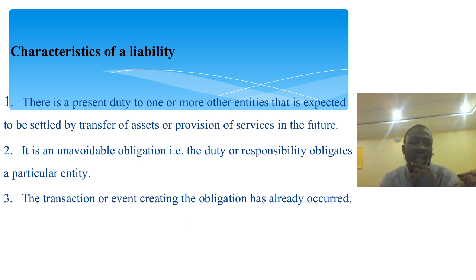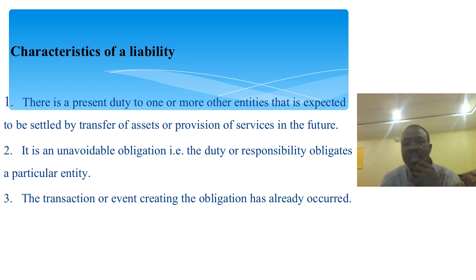If we look at the characteristics or features of a liability, one is that a liability represents a duty of one entity to settle by transfer of assets or provision of services in future. So what you owe someone, you should be able to settle in future. The second characteristic is that it is an unavoidable obligation.